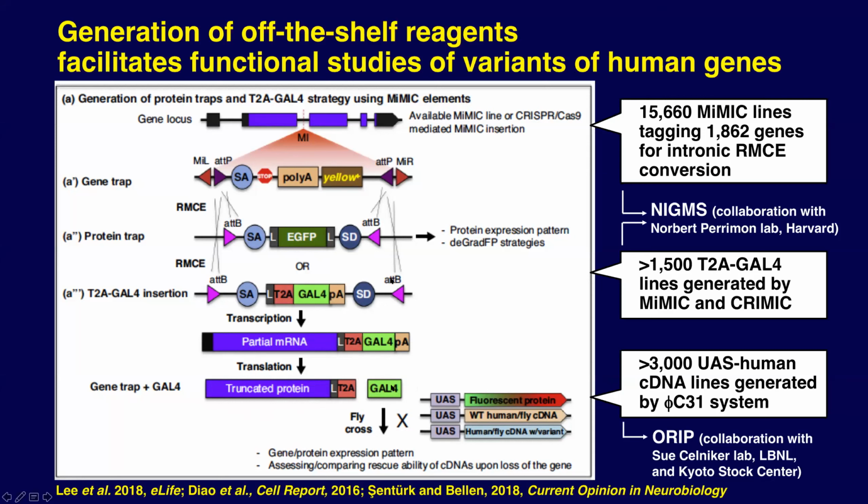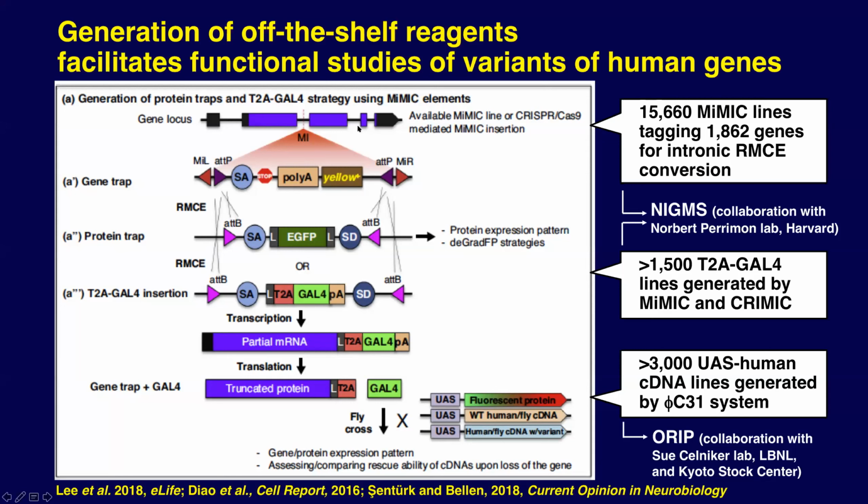That Gal4 protein can then be used to drive the fluorescent protein and allow us to determine where the gene is expressed, drive the fly cDNA and show that it can rescue the mutation that we've induced, and finally drive a human reference or variant and assess if the variant behaves different than the reference.